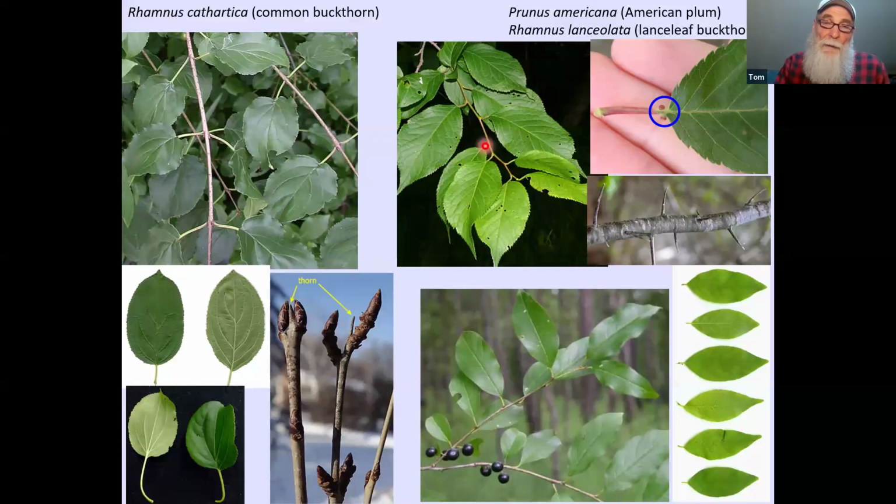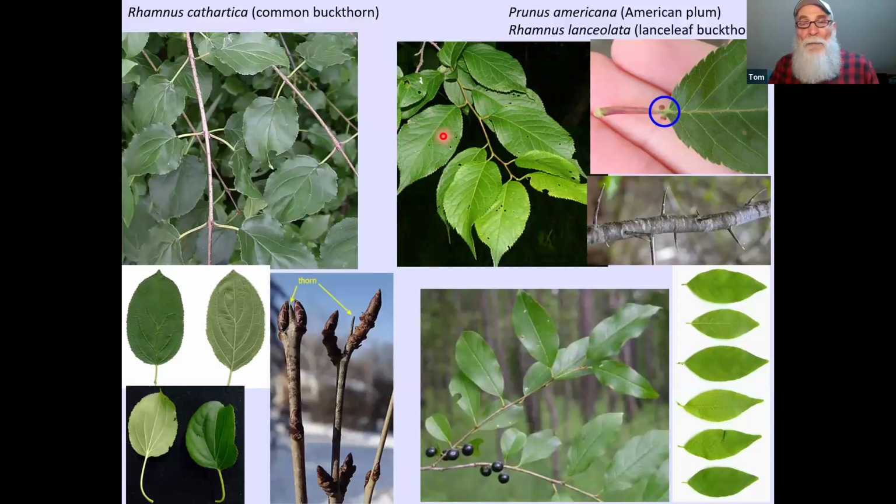Of course, the other thing about American plum is that the leaves are alternate, not opposite, and they're much longer and more elliptic. These are elliptic right here, and this is elliptic as well, so there's some overlap there, but the leaf arrangement is totally different. Alternate leaves here, opposite leaves here.